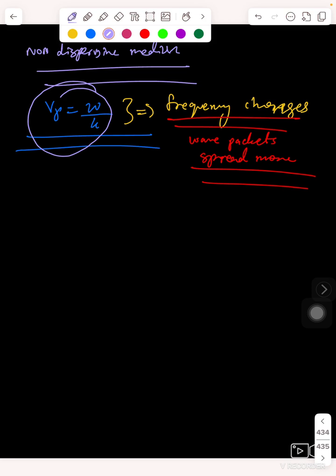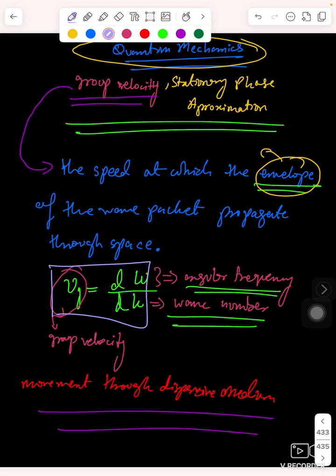This equation is for a non-dispersive medium. By the way, d stands for the first order derivative.